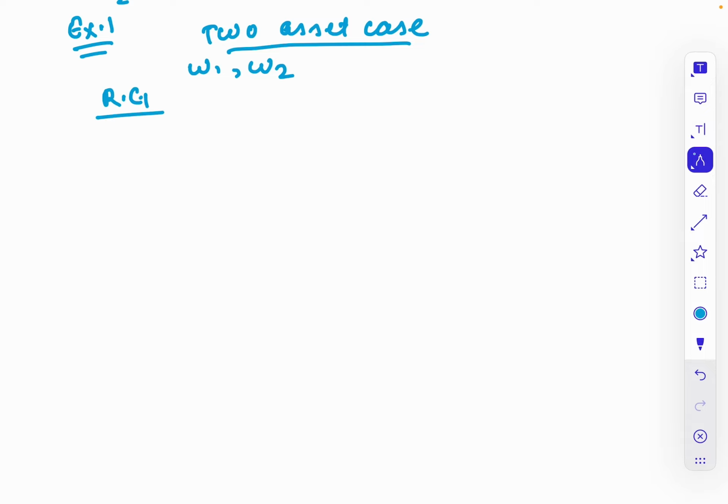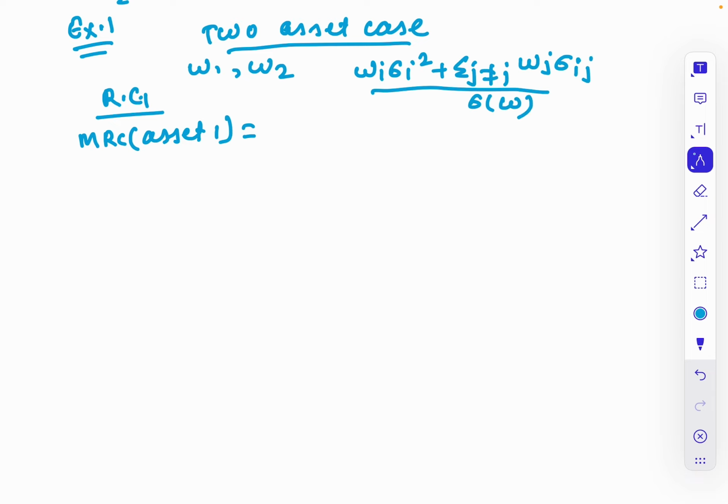For that we need to calculate MRC first. What will be MRC of asset 1? We know MRC is wi sigma i square plus the summation for all j not equal to i of wj sigma ij, divided by the portfolio risk. Here i is 1, so it is w1 sigma 1 square plus, for j, we cannot take j equal to 1, so we take j equal to 2: w2 sigma 12, divided by the portfolio risk.